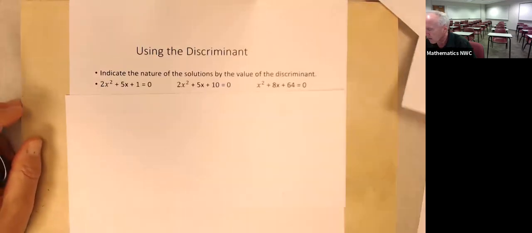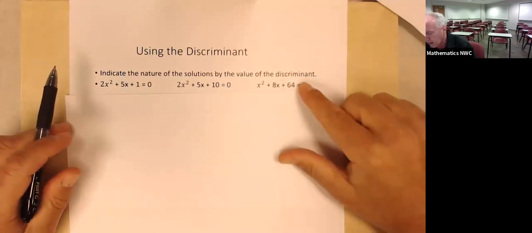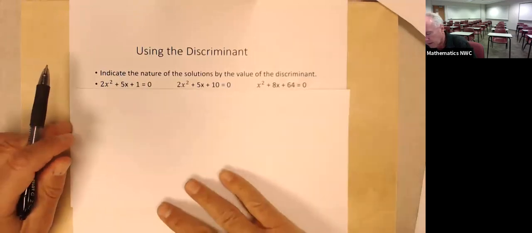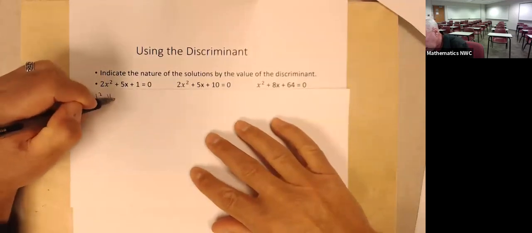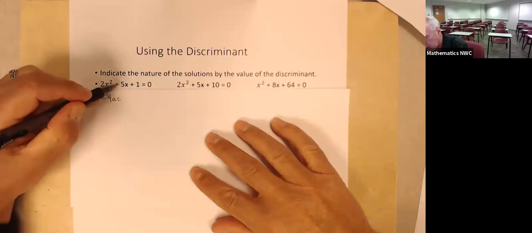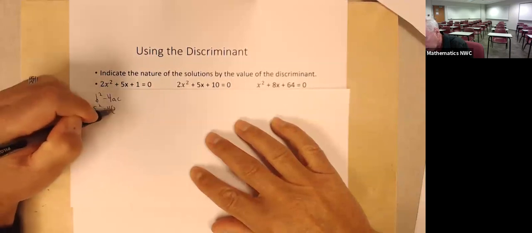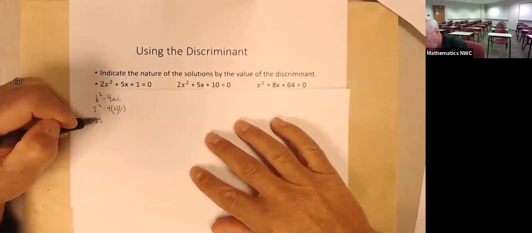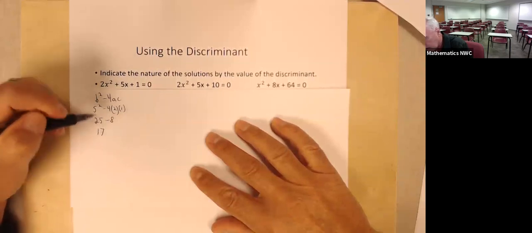Okay? So I'm going to do that by looking at the value of the discriminant. First I calculate b squared minus 4ac. b squared would be 5 squared minus 4 times a, which is 2, times c is 1. I get 25 minus 8. That turns out to be 17.